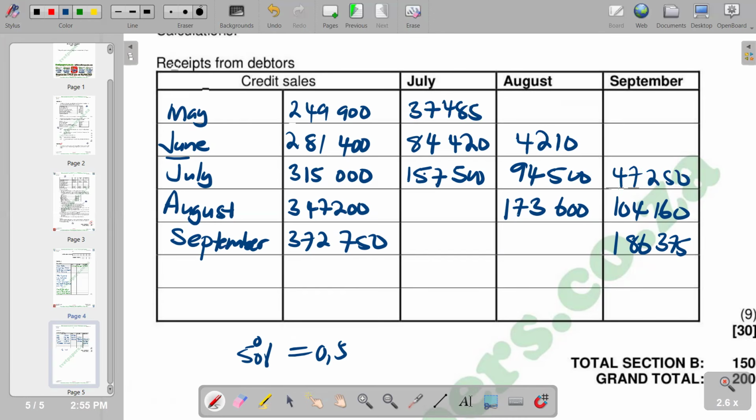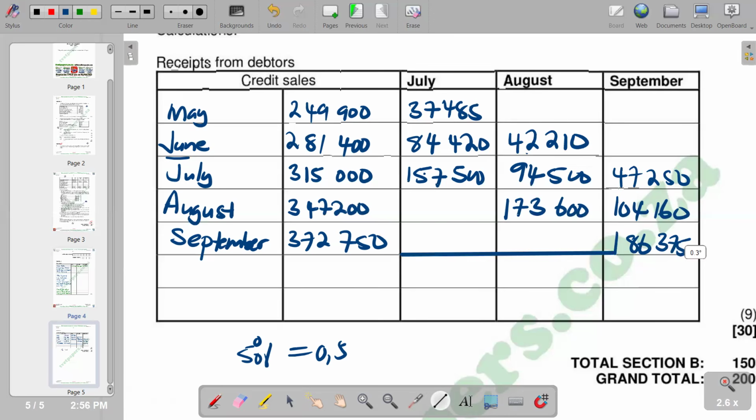So the ones received in August are the June credit sales at 15%, 281,400 times 15%, which gives 42,210.